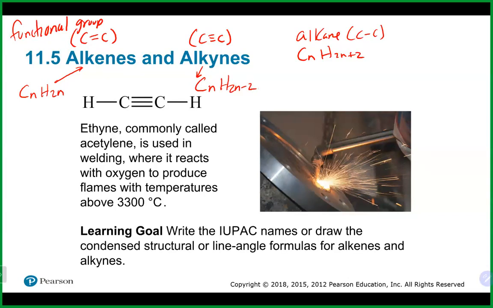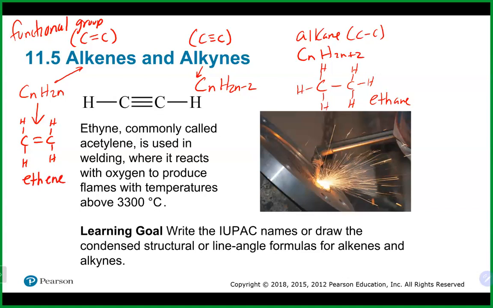So in comparison, we'll look at ethane. Ethane has 2 carbons, and 2 times 2 is 4, plus 2 is 6 hydrogens. If we do the double bond version, we end up with something that looks like this, which is ethene, E-N-E.